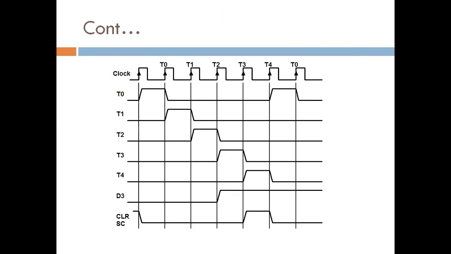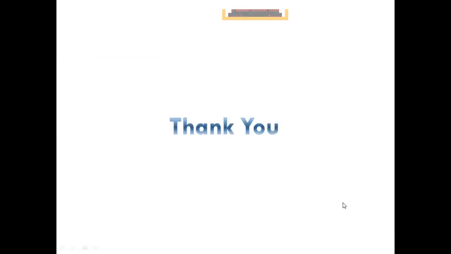So after completing those timing pulses, the sequential counter is cleared, and a new timing pulse is executed starting from T0. Okay. So at the time of D3 T4, the sequential counter is once again 0, and after T4 the new timing pulse, that means T0, is going to execute. Thank you.